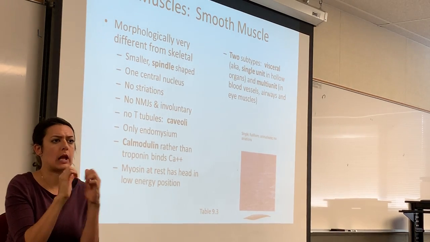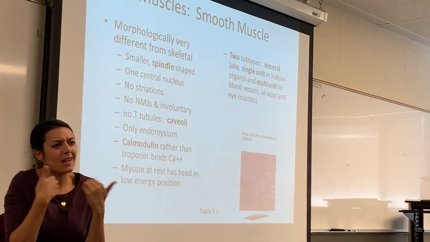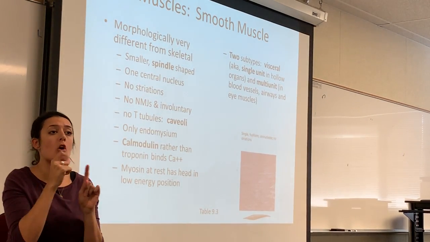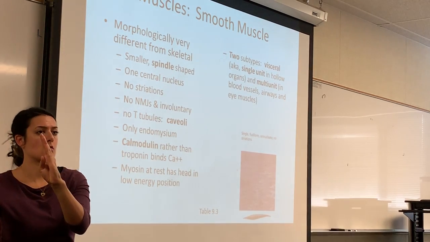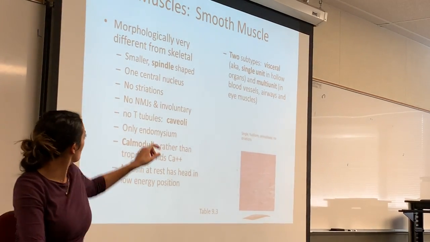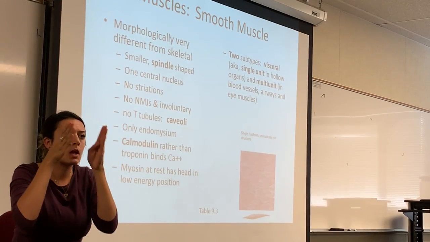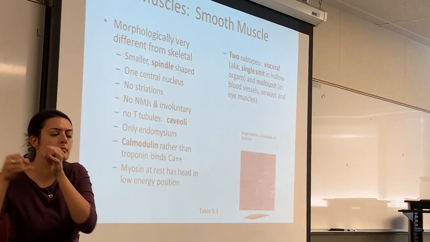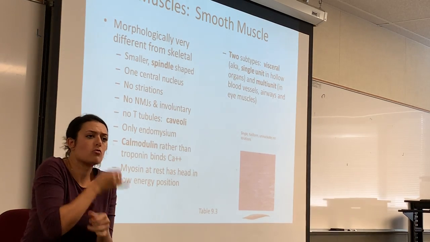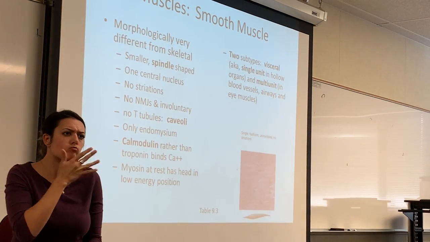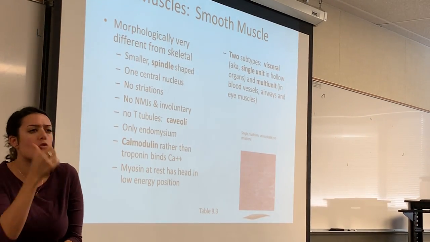False. Of course it has sarcomeres. Remember, striated means all the sarcomeres are parallel, nicely organized. In smooth muscle, you have sarcomeres. Without sarcomeres, you cannot contract. You have sarcomeres, but they're not organized in a parallel way.